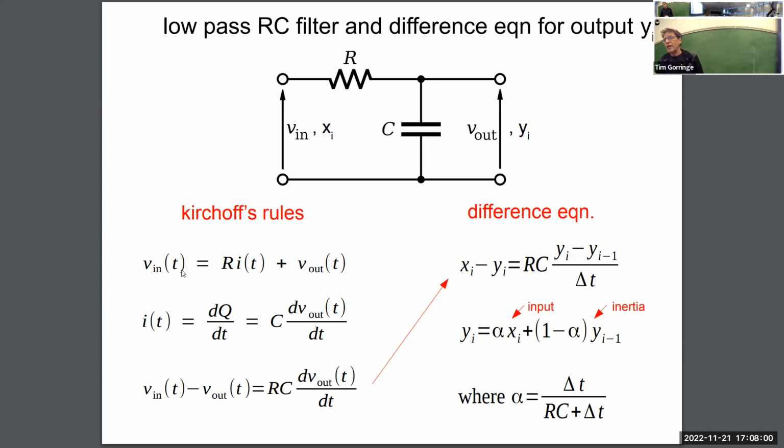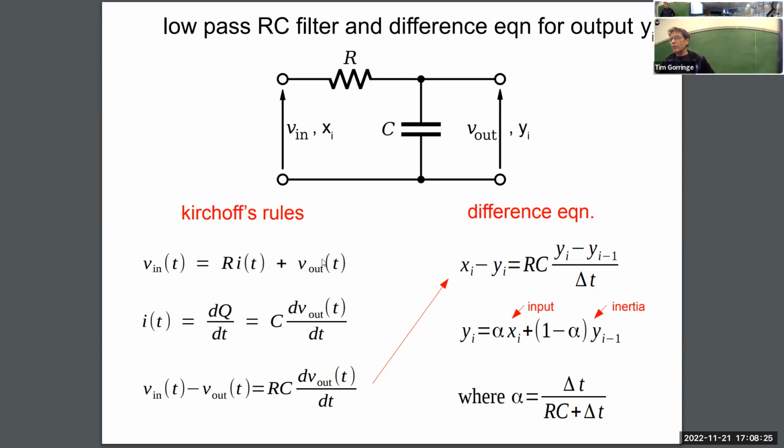So to understand the performance of the circuit, we could write down Kirchhoff's rules for this little circuit here. If we think about this loop here and apply the voltage rule, we've got an input voltage, we've got a resistor and a capacitor.